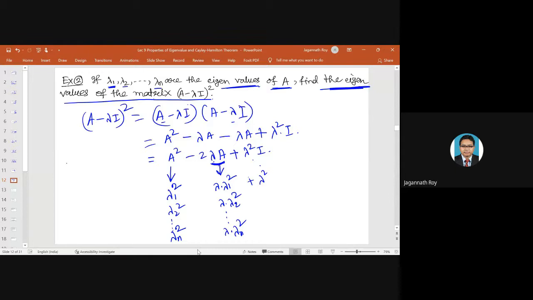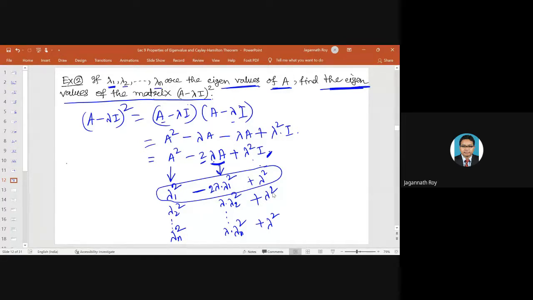Okay. Because there is a negative sign, this is lambda square plus, again here it is lambda square, since the I matrix is there, so here will also be lambda square. But we have a multiplication by minus 2, so we'll have minus 2.